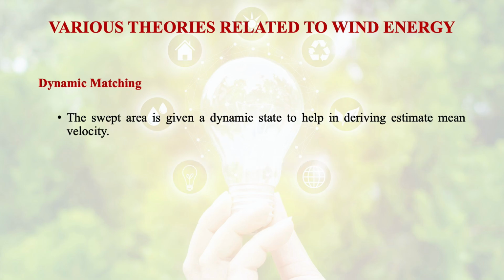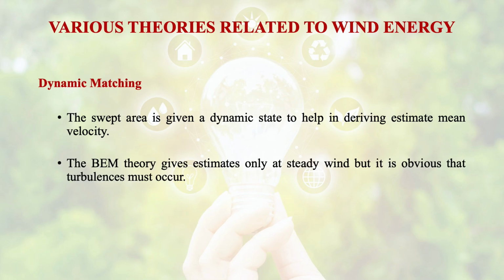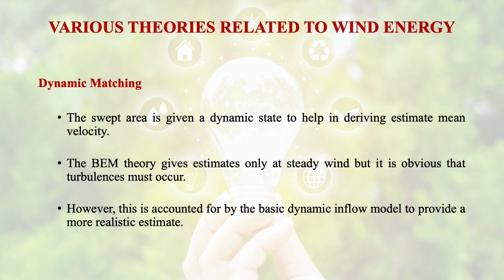The swept area is given by a dynamic state to help in deriving the estimate of mean velocity. The BEM theory gives estimates only at steady wind, but it is obvious that turbulences must occur. However, this is accounted for by the basic dynamic inflow model to provide a more realistic estimate.